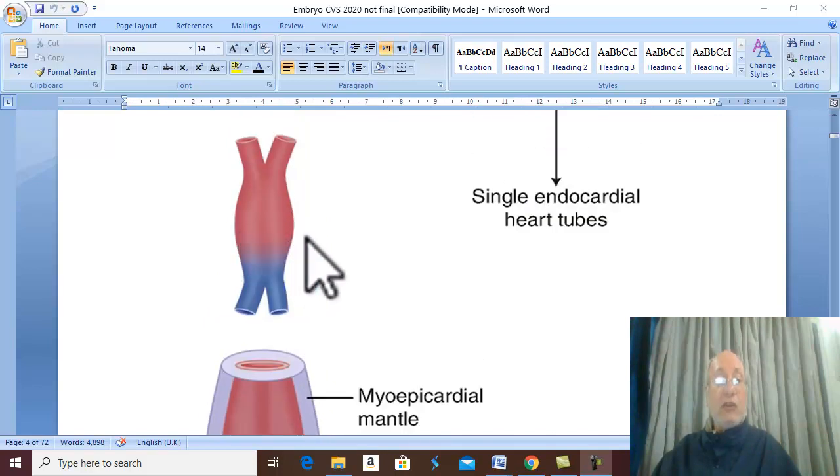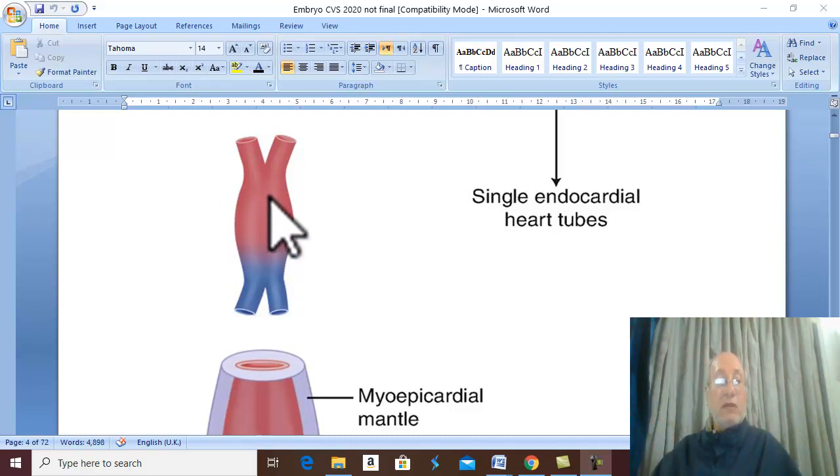The single tube, formed by fusion of the middle part of the two endocardial tubes, now forms the primary heart tube.